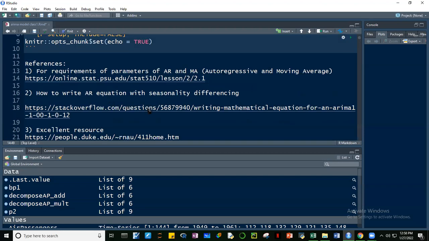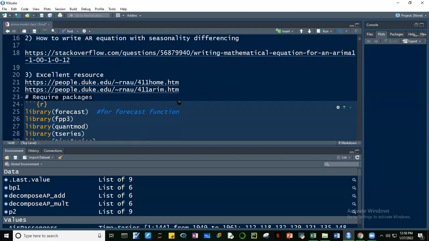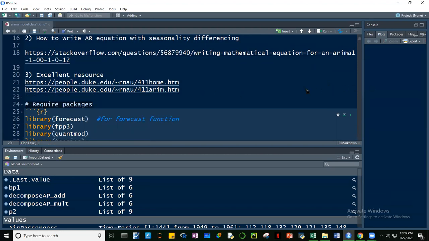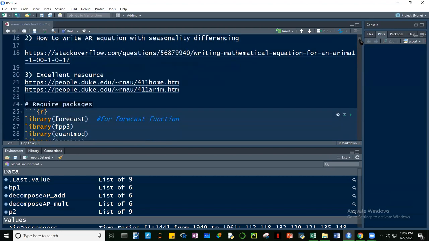Tapos meron pa ditong how to write AR equation with seasonality differencing. So medyo advanced topic na to yung number 2. Okay, and then these are excellent resources. Okay, kasi hindi sufficient guys yung discussion lang natin dito. Napaka-ikli ng time natin. So I would like that you also read on your own outside this class.